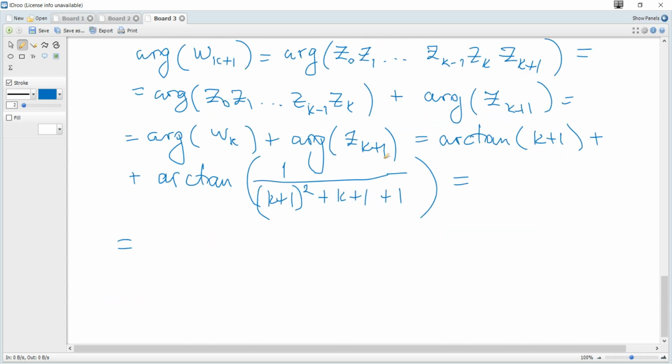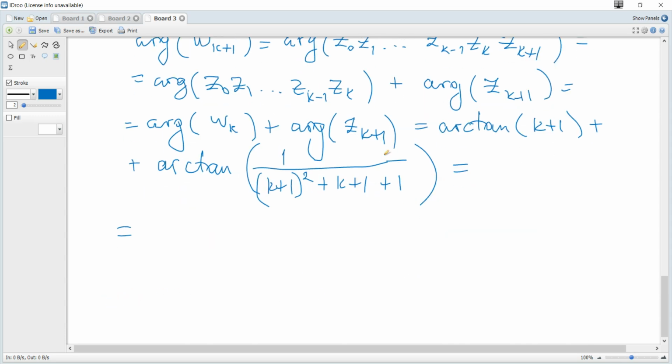And we should simplify it, and we know that we must get finally that this sum of two arctangents is equal to arctangent of k plus 2, because in general it's arctangent of n plus 1, and we consider n to be equal to k plus 1, so we should get arctangent of k plus 2.